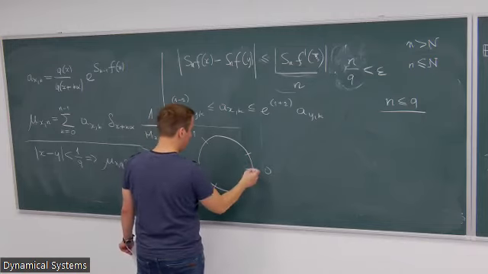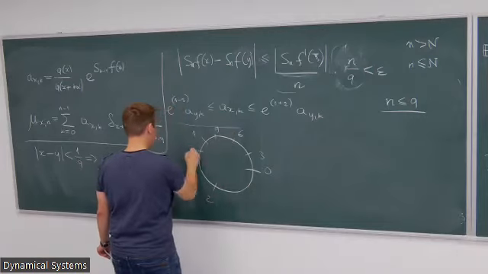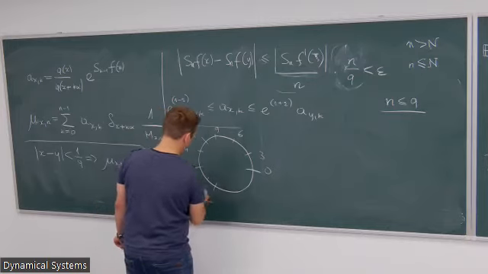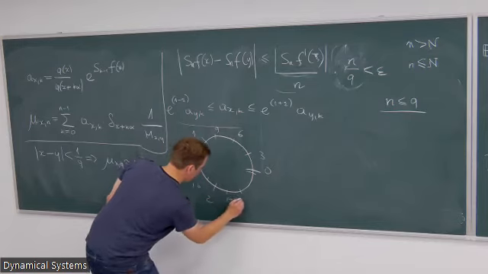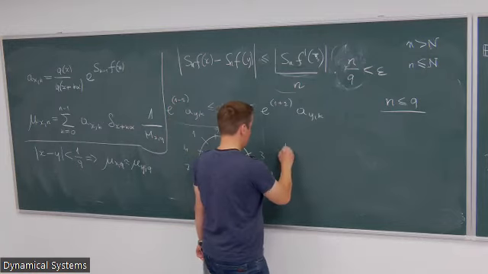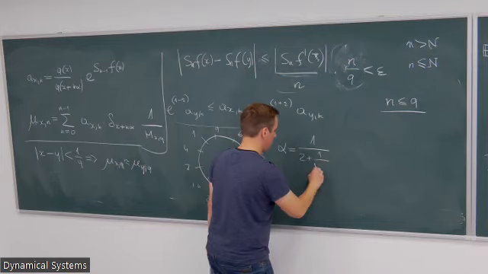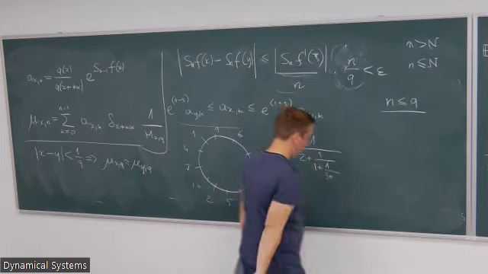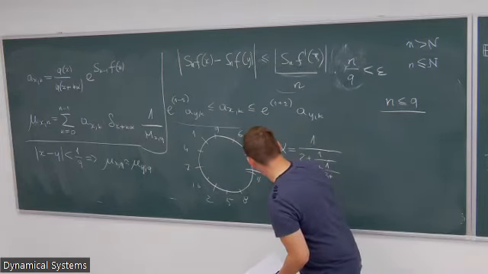let me draw a picture. Five, 8, 11. So that's rotation of angle of the form 1 over 2 plus 1 over 1 plus 3 plus something. So let's say that 0 is our point.